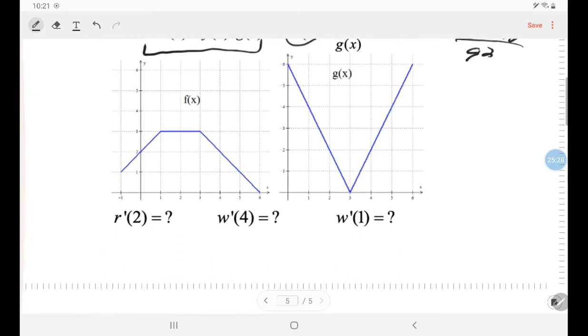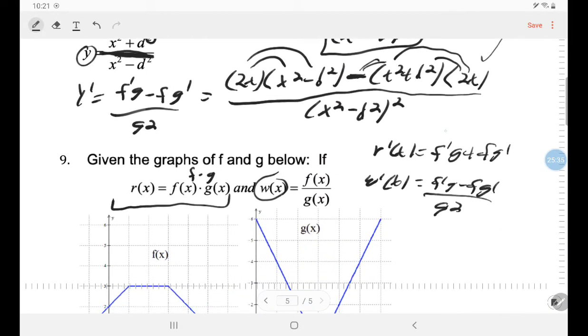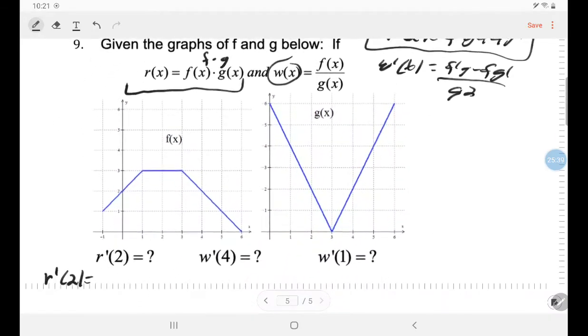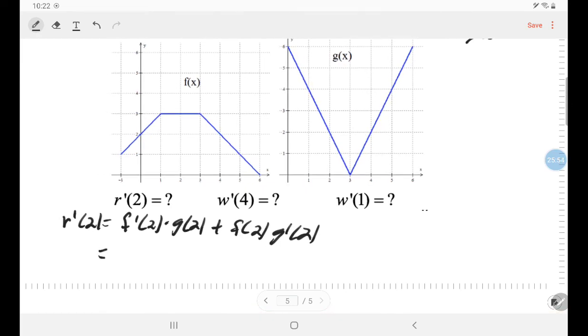So when I say find r prime of 2, I'm going to go to this equation and I'm going to plug 2 in. So I'm going to have f prime of 2 times g of 2 plus f of 2, g prime of 2. Basic product rule. Now we go looking.